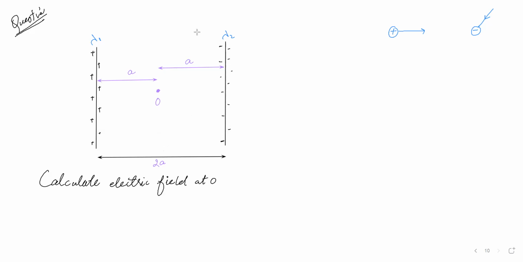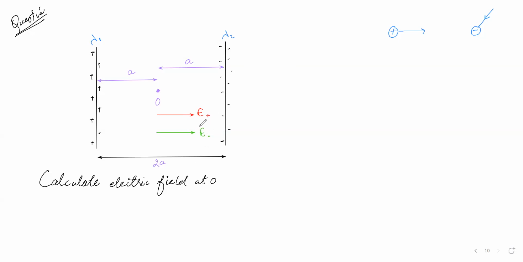I think the direction at O will be along this direction, because it is always away from the positive charge. Right here, E plus. And for the negative charge, the electric field lines will be towards the negative charge. This one is your E minus.